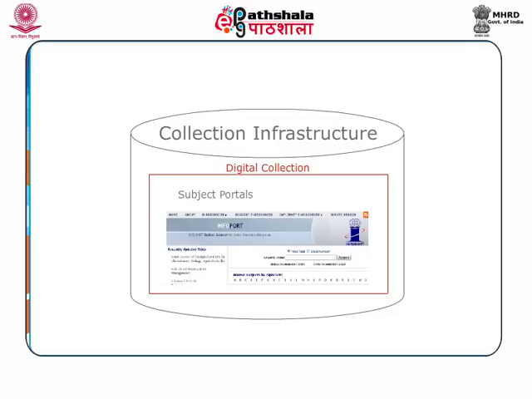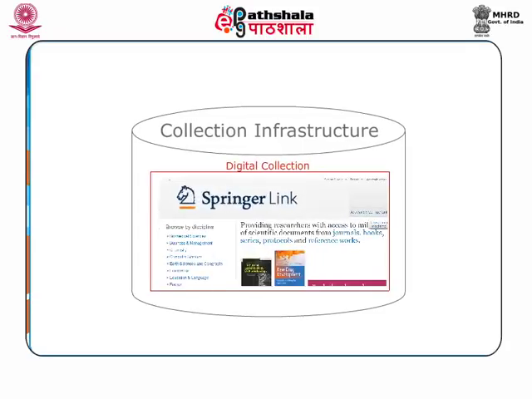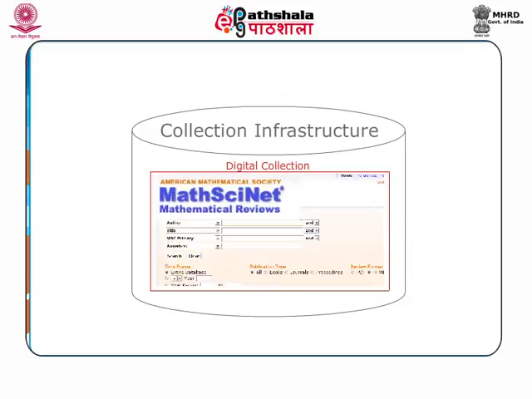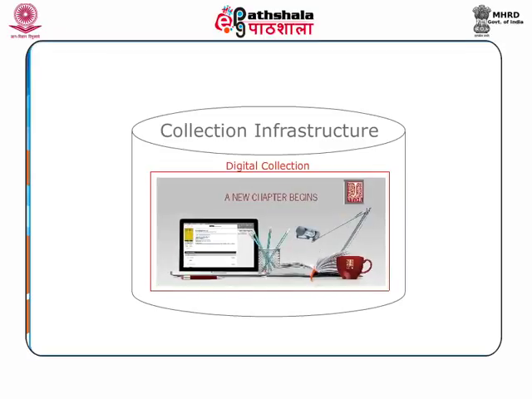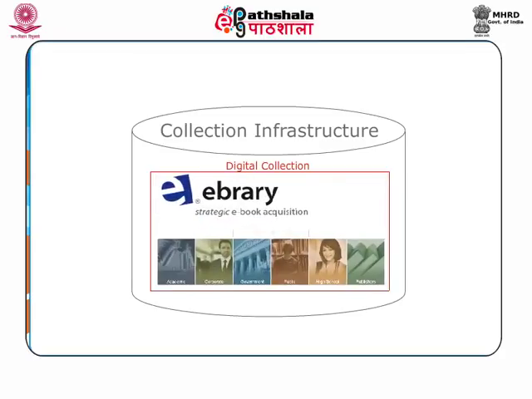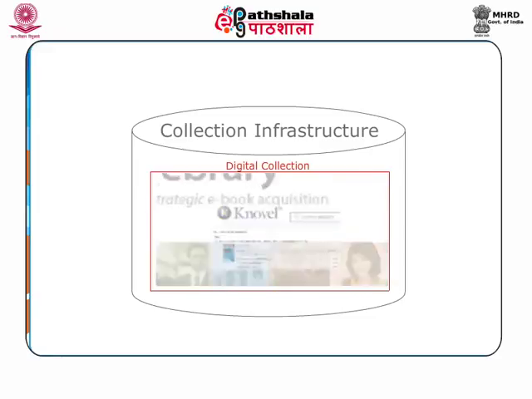portals or pathfinders. Major publishers, besides offering their electronic journals, are now offering electronic books either directly through their websites or in partnership with other publishers or through aggregators like eBrary, NetLibrary, Questia and other digital libraries.